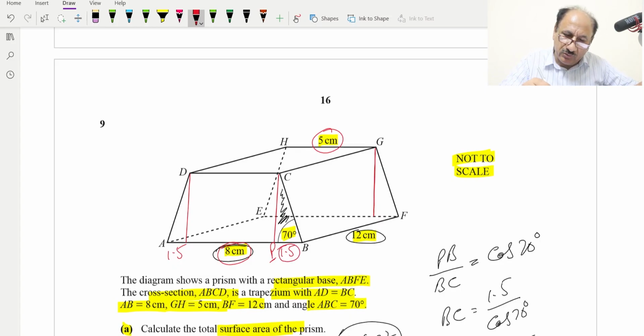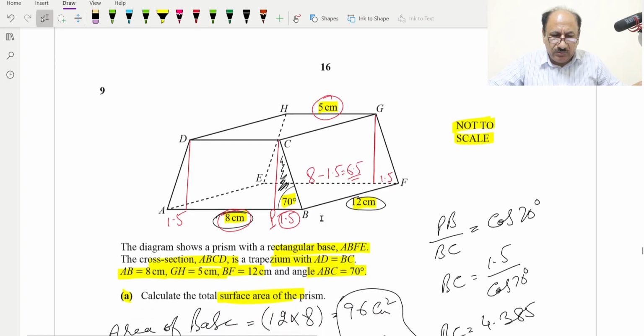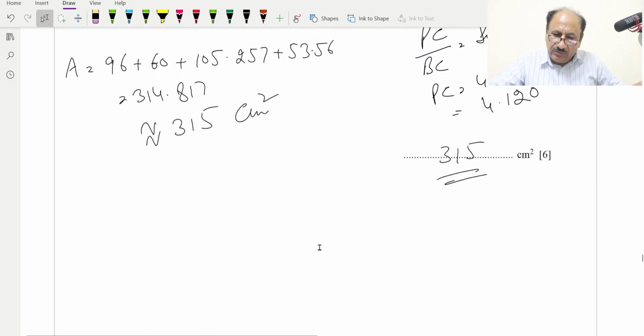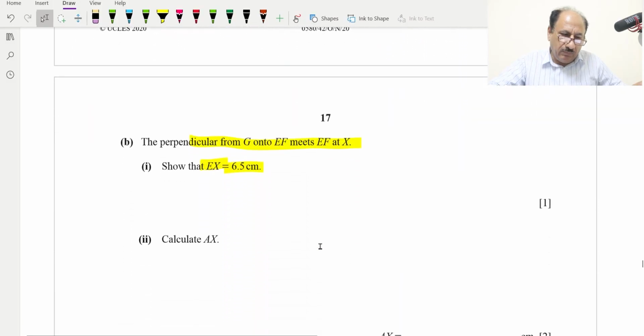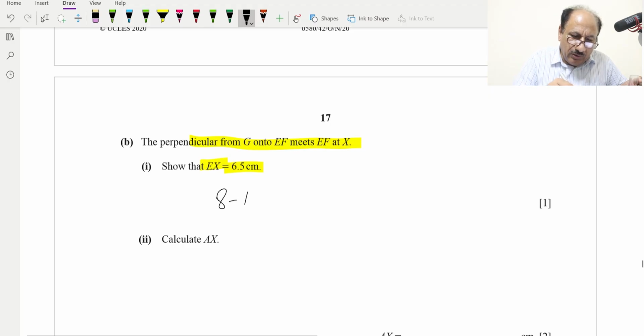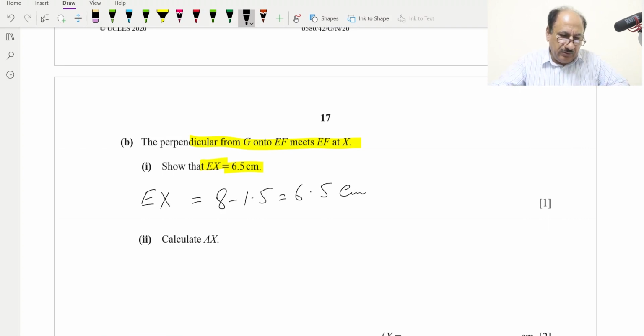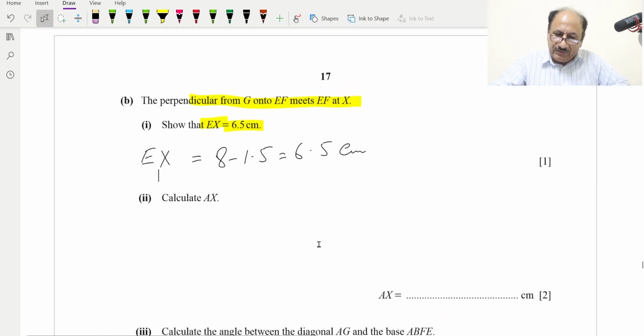So this is 1.5, and total length is 8, so 8 minus 1.5 will be equal to 6.5. This is just a simple 1 mark question, so we can write 8 minus 1.5 is equal to 6.5 centimeters, and this will be EX. This is done.